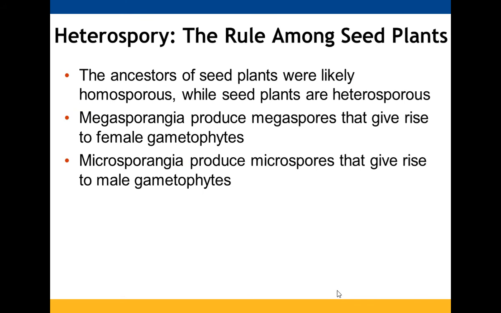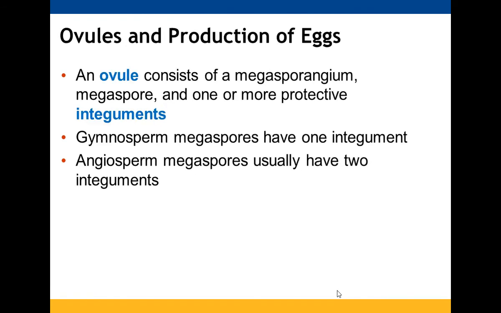Okay, we talked about homospory and heterospory in the previous chapter, that the ancestors of our seeded plants were most likely homosporous, but obviously we know now that the seeded plants are heterosporous, and how we get the female and the male gametophytes from the megasporangia and the microsporangia, respectively. Again, we talked about those back in chapter 29.